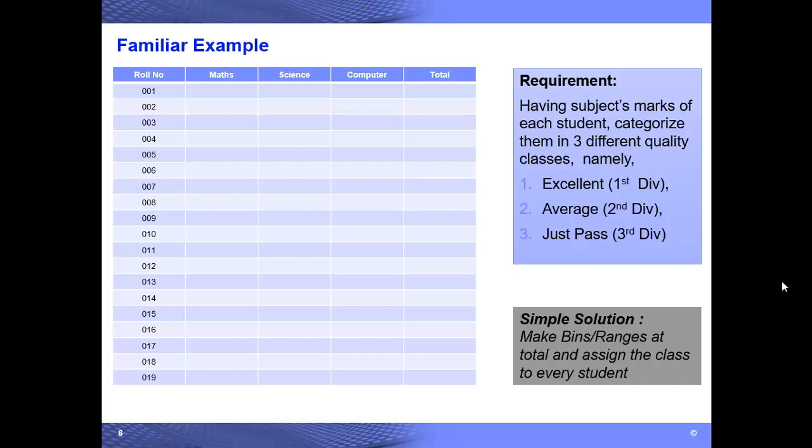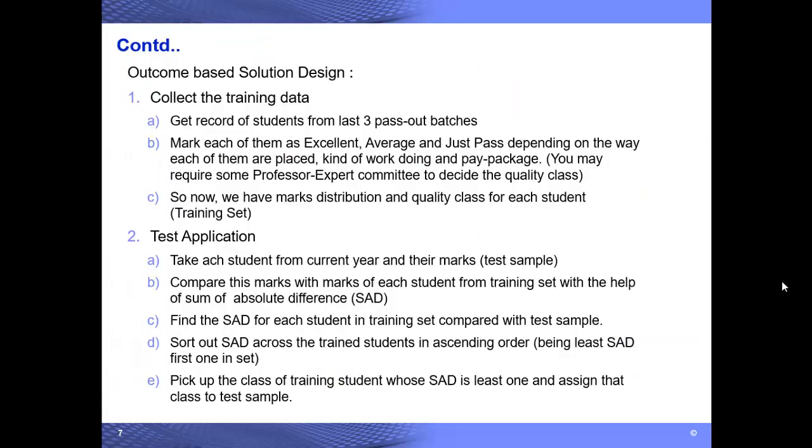They don't want to use human manpower, and they want to put each of the students in one of these three categories automatically by using a machine learning algorithm. So just give the math, science, computer marks, and the machine learning algorithm will tell whether that student will be excellent, average, or just pass. So this is what the requirement is, and I hope you are clear with that. Let's move on to the next slide.